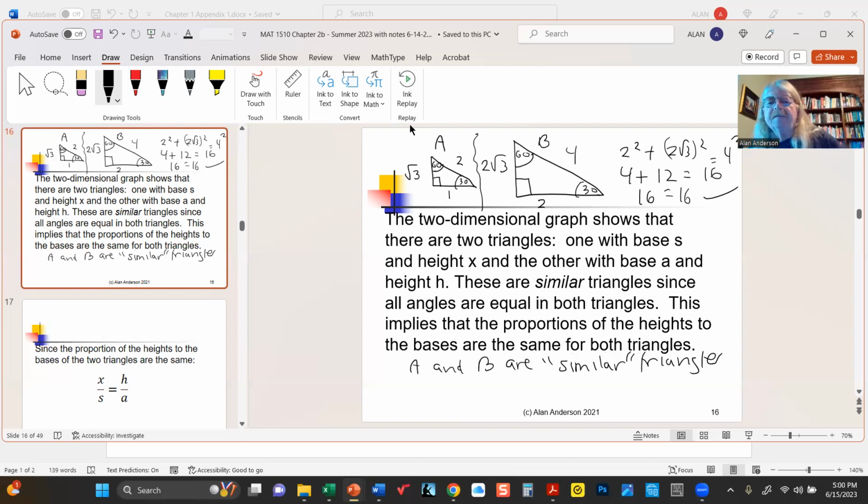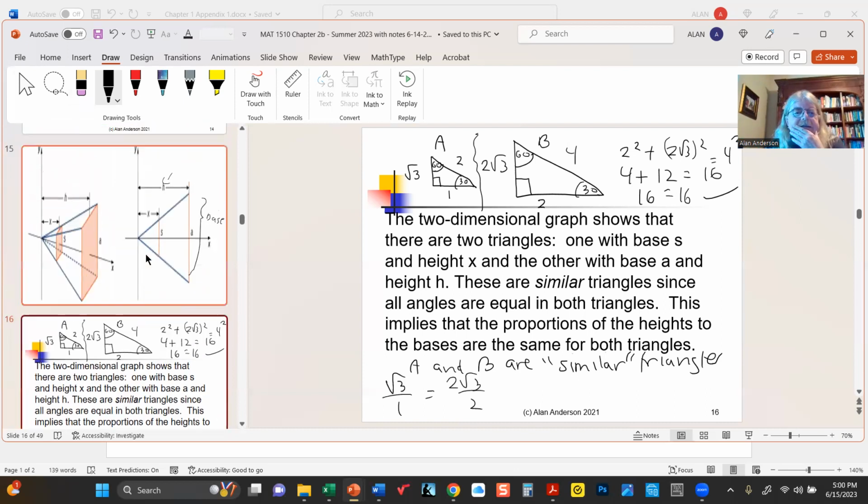So specifically, the ratio of the height to the base, think of this as the height and the base, has to be the same. Because one is essentially just a bigger version of the other.